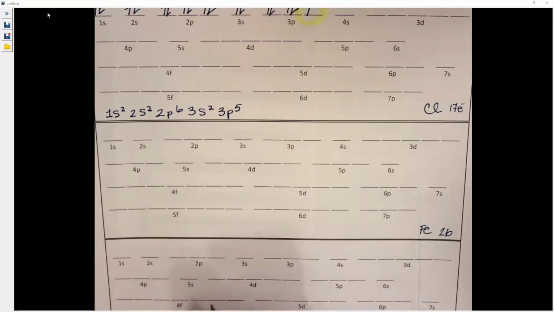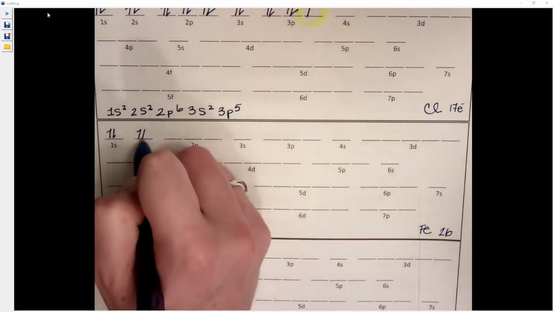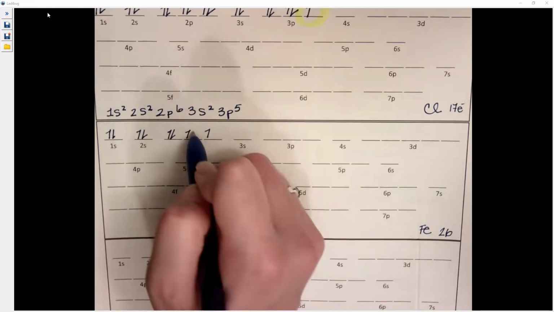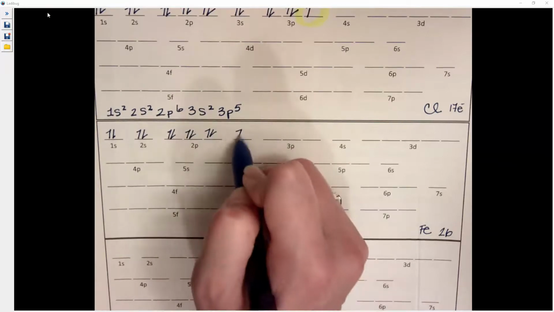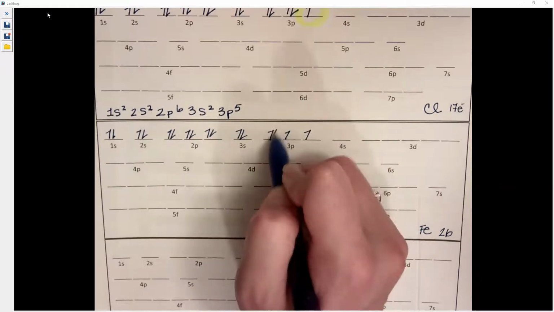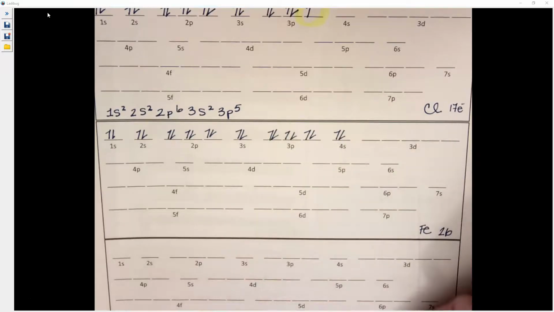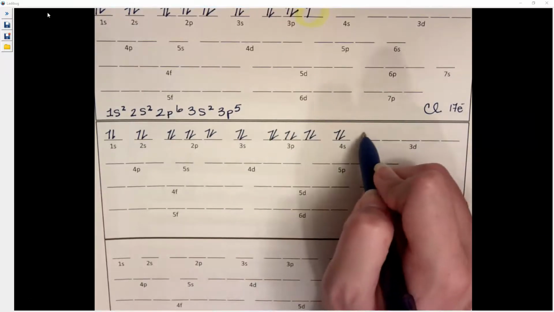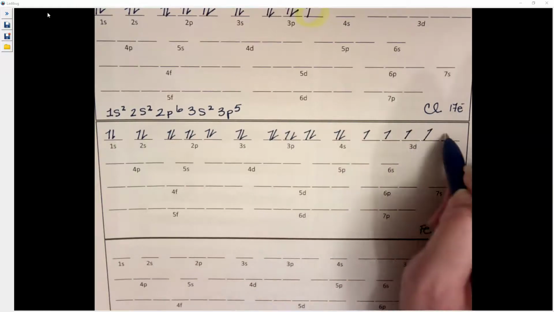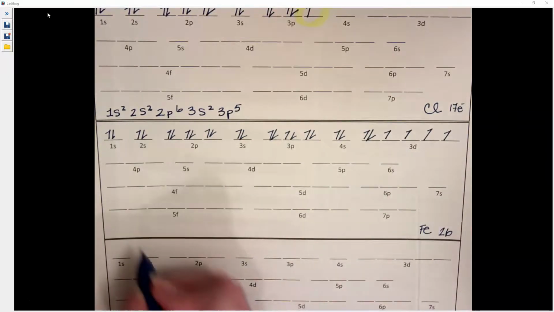All right, 26, here we go, ready? 1, 2, 3, 4, 5, 6, 7, 8, 9, 10, 11, 12, 13, 14, 15, 16, 17, 18, 19, 20. D orbitals, 21, 22, 23, 24, 25, 26.